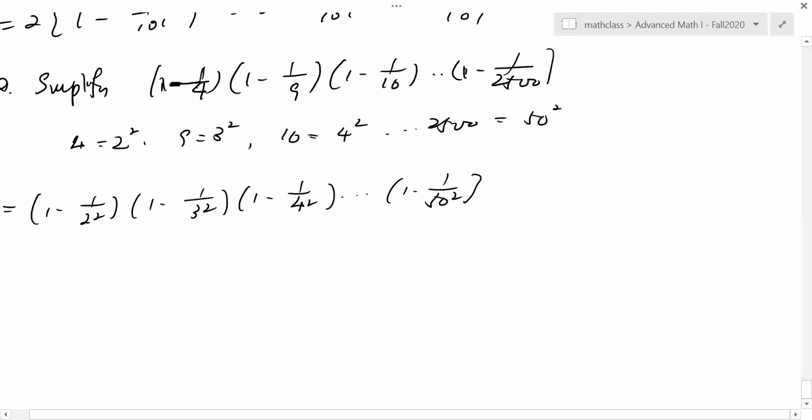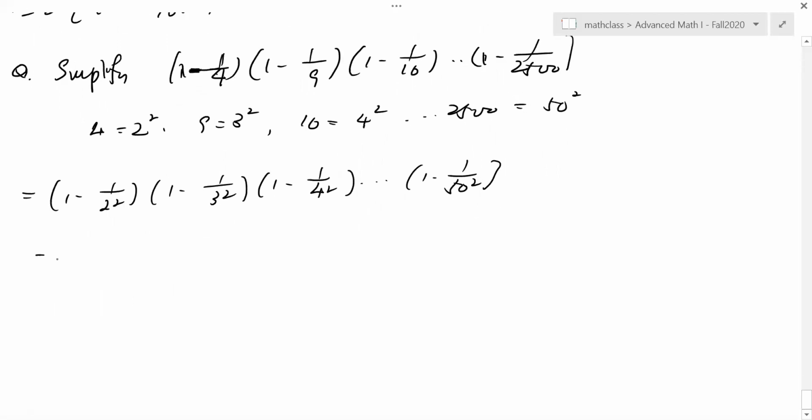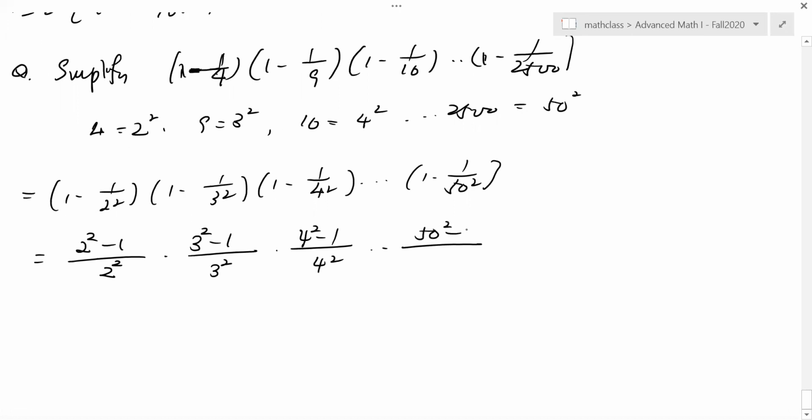Then what? You still have to cancel terms, right? So I have no other choice. I have to combine each of them. All right.